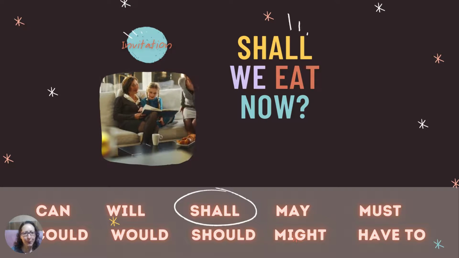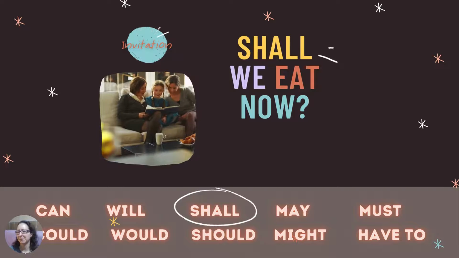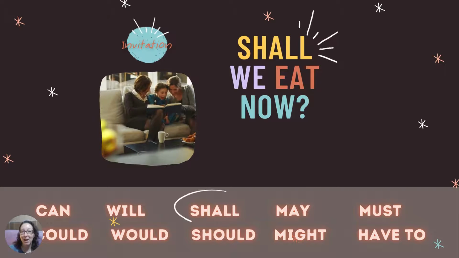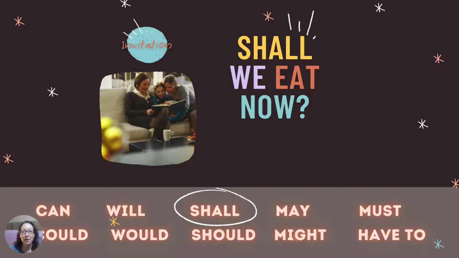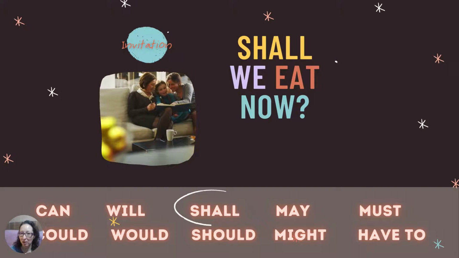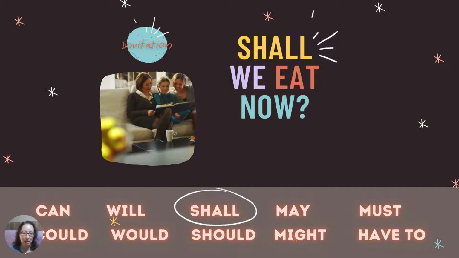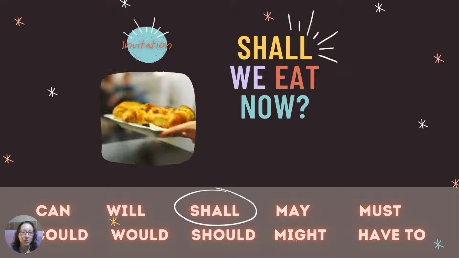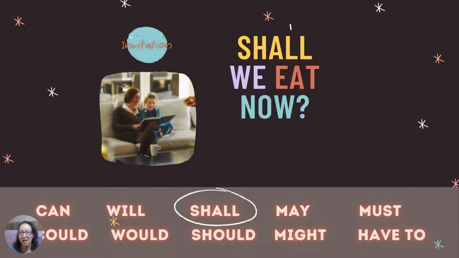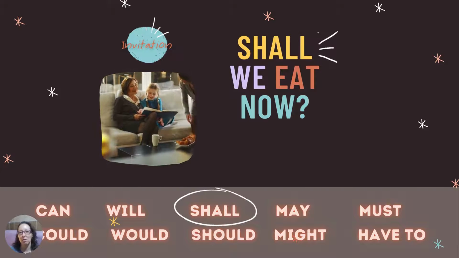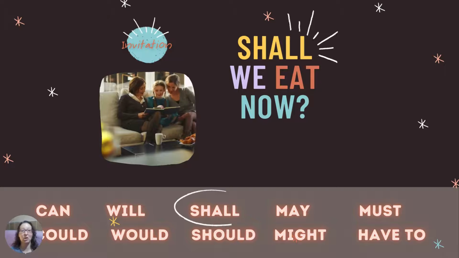Shall I help you? Instead of asking, will I help you? Shall I? It's important to note that shall is nowadays only used in questions. We don't normally use it in positive statements unless it's something archaic, old-fashioned, some kind of traditional language.